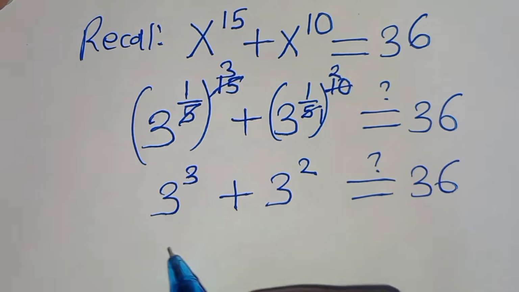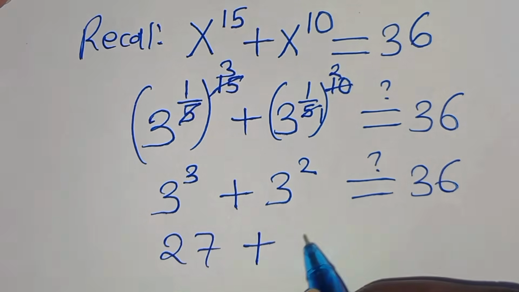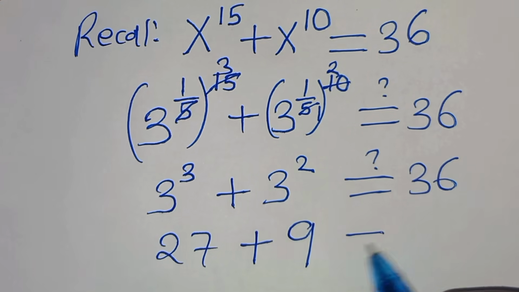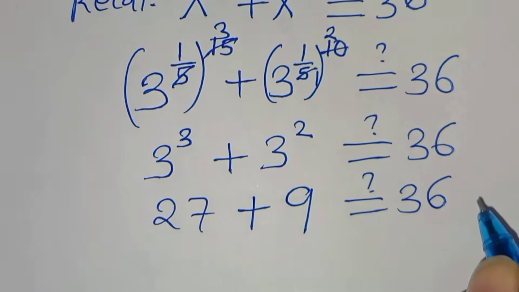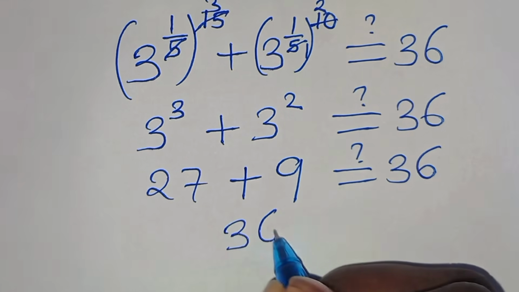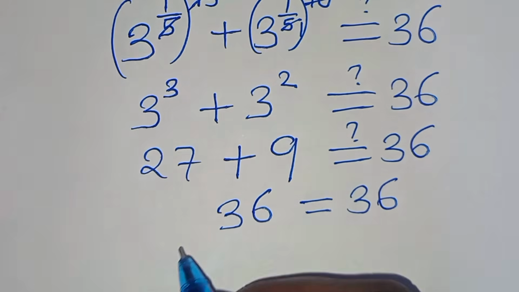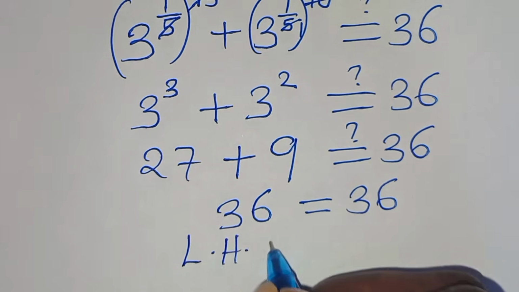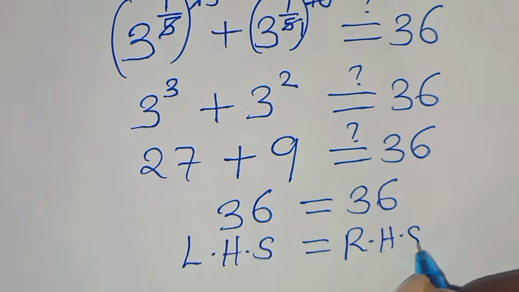And therefore, 3 to the power of 3, this is 27, plus 3 to the power of 2, this is 9. And this is supposed to give us a value of 36. So 27 plus 9, this is equal to 36, which is equal to 36. So this implies that the left hand side is equal to the right hand side.